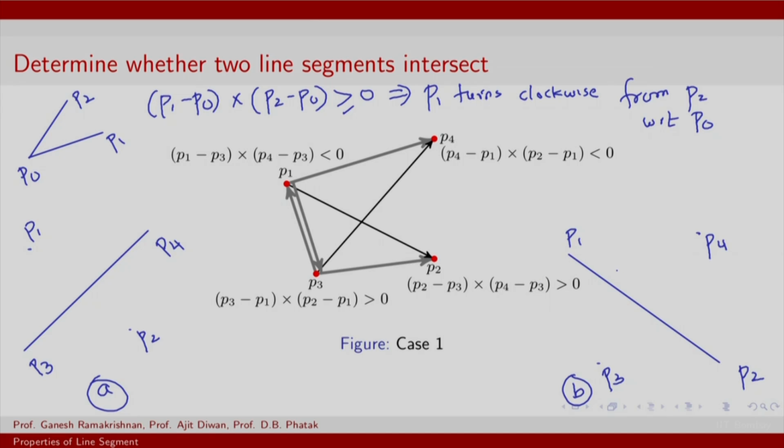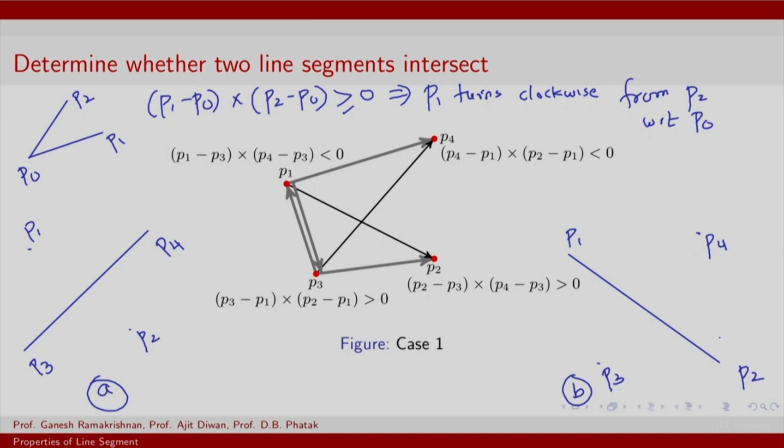So what we expect is that if P3 and P4 lie on opposite sides of the line P1 P2, then the angle formed by P3 at P1 with respect to P2 should have the opposite sign as the angle formed by P4 at P1 with respect to P2.